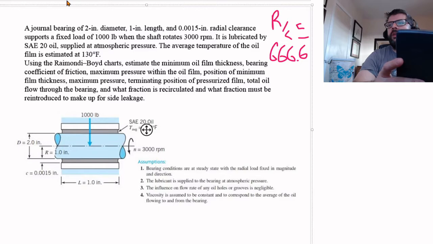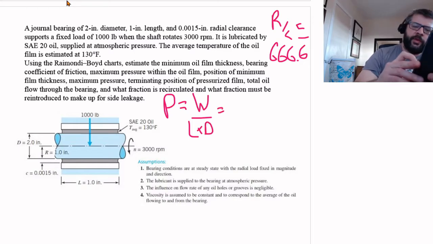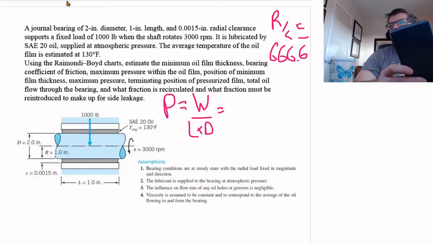Our bearing pressure is equal to the load divided by the length times the diameter. So 1,000 pounds divided by length of 1 inch times diameter of 2 inches, that gives us 500 psi.